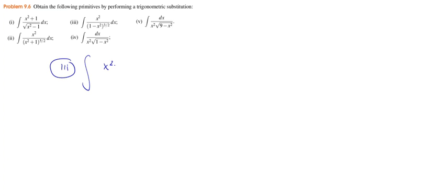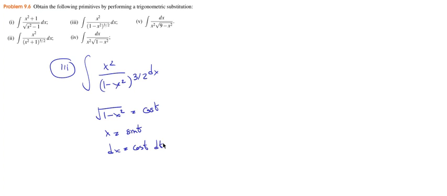You get the primitive of x squared divided by 1 minus x squared to the 3 over 2 dx. Now whenever we have 1 minus x squared, the proposition is to use x equals the sine of t, so this is equal to the cosine, and so dx is cosine of t dt, right?